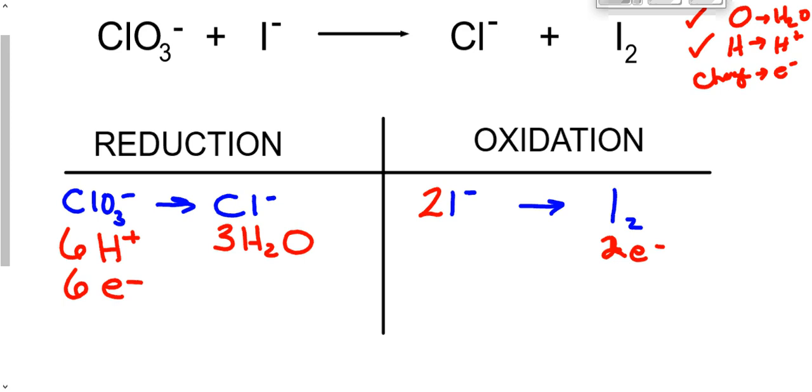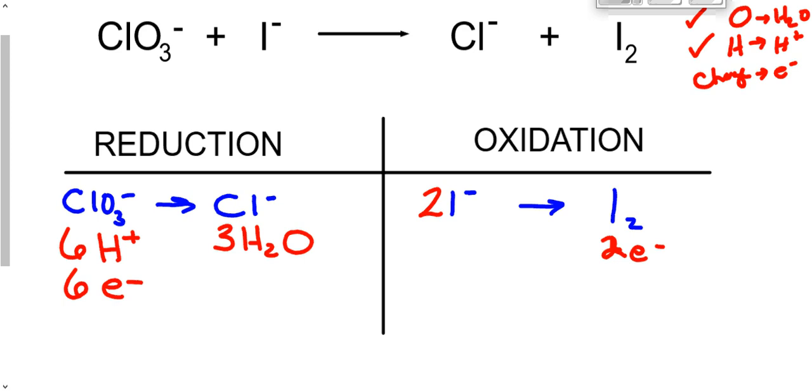Okay, now I have a completely balanced reduction half-reaction and a completely balanced oxidation half-reaction. I need to put these back together. But before I do that, I want to make sure that my electrons are going to be able to cancel each other. Now, there's a couple of things I want you to check at this point.